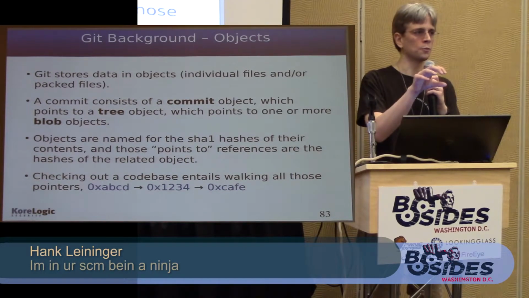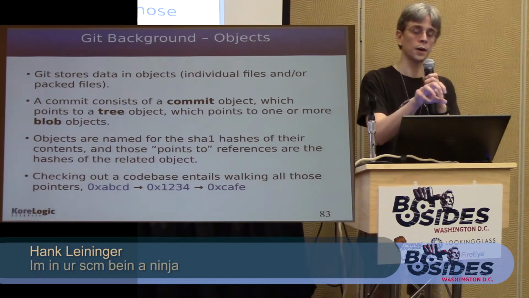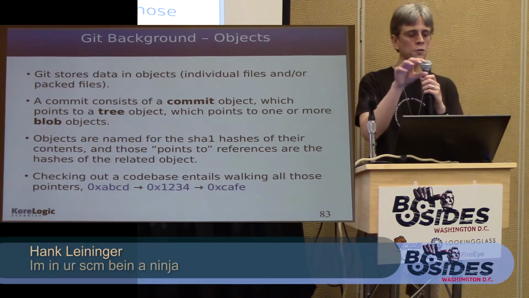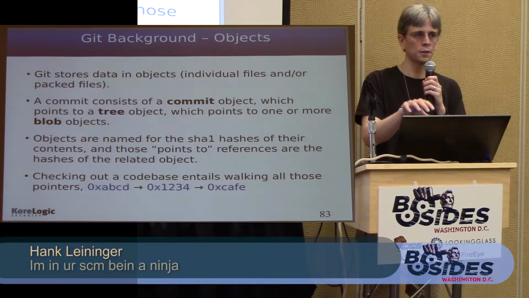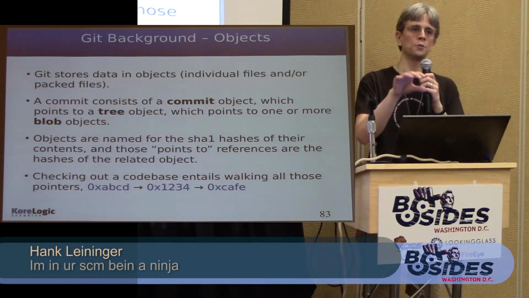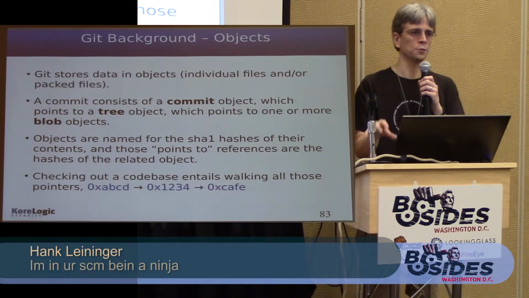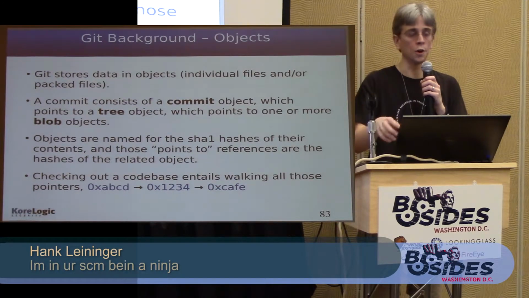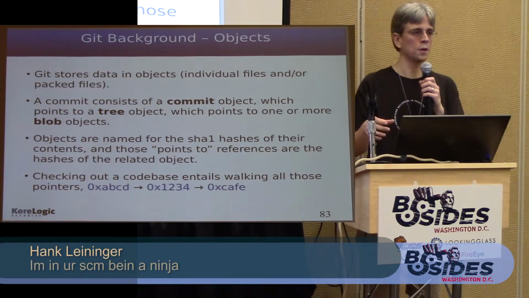There are commit objects. Whenever you make a commit, you're creating at least 3 objects. You're creating a commit object, which contains some metadata about the commit and a pointer to a tree object. Then the tree object has 1 or more pointers to blob objects. The blobs are where the actual code is. The code that you're committing is in the blob. The metadata about it is in the commit and the tree.